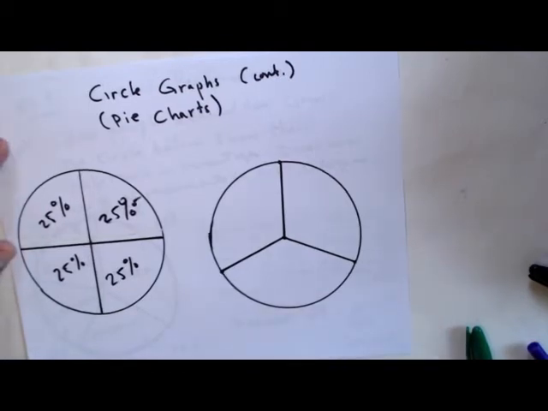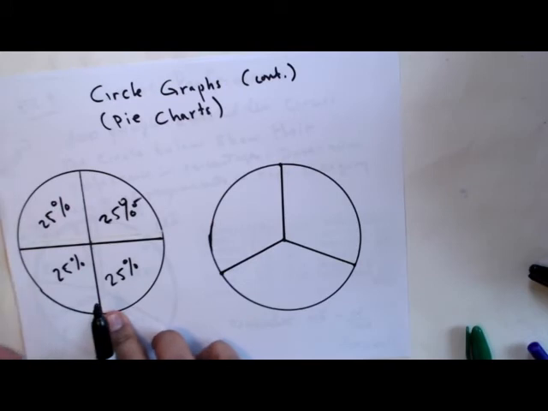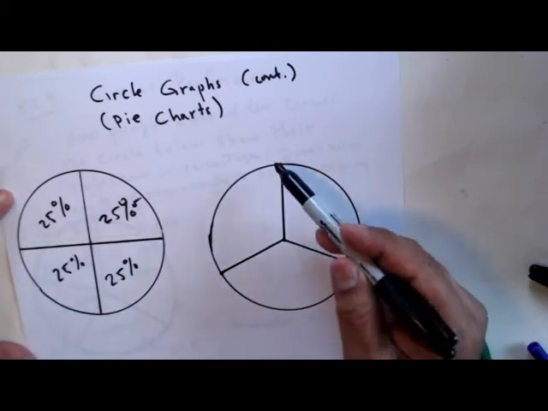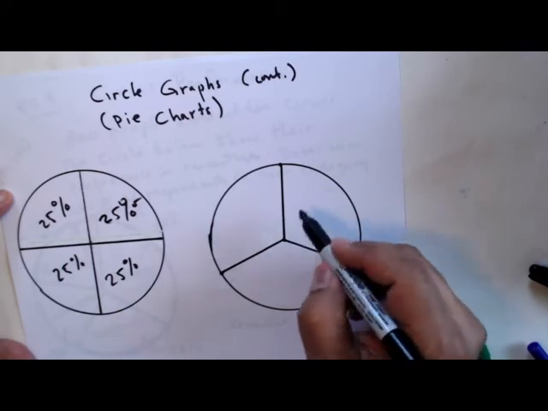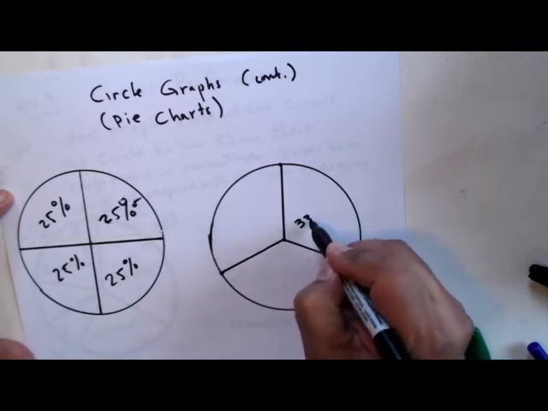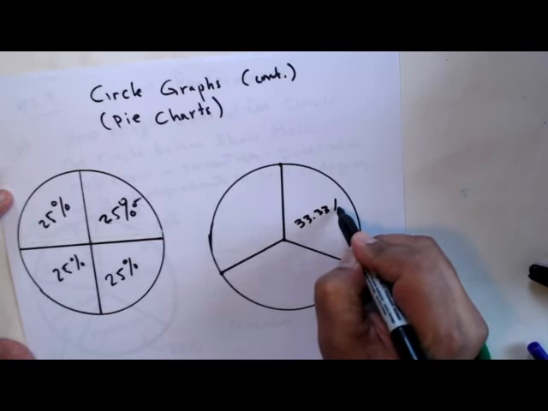But in our mind, we have to start dividing the circle into many other pieces. What if you divide it into 3 equal parts? So this would be like 33.33%.